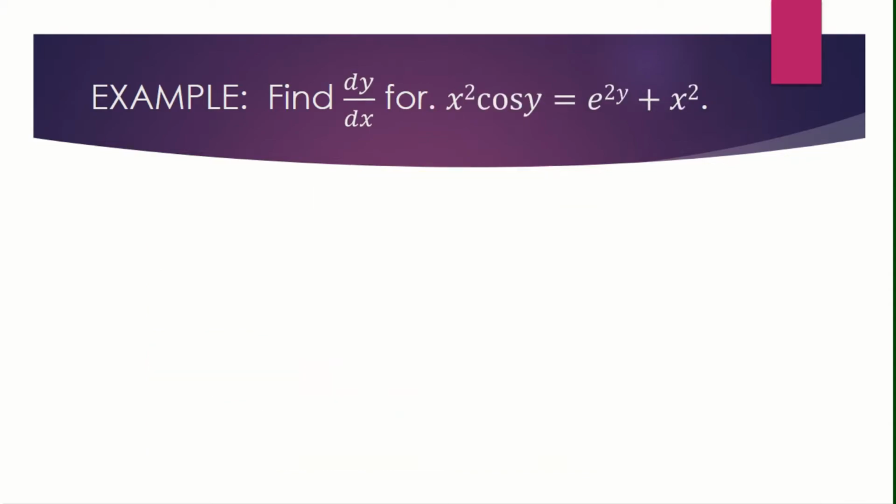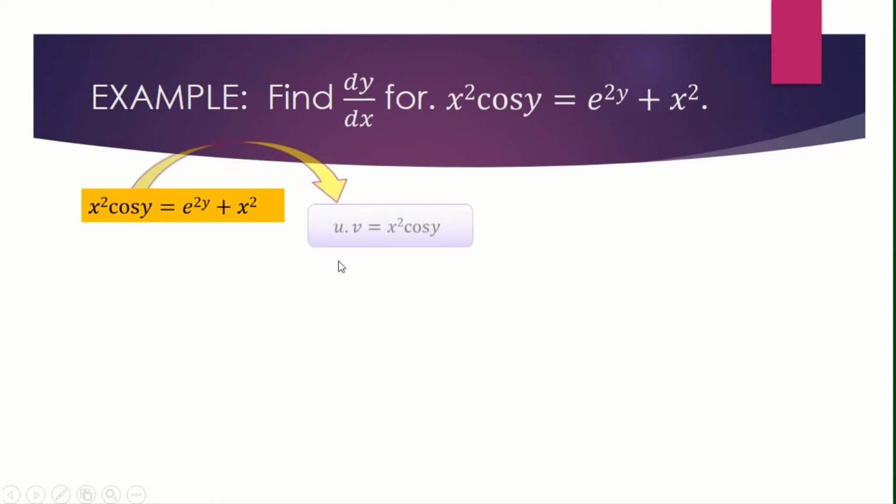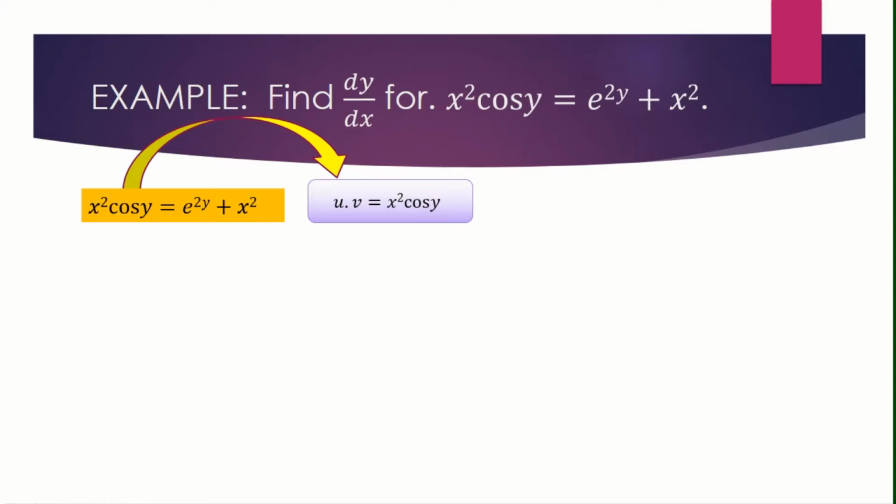In this example, we want to find dy/dx for x squared cos y equals e to the power of 2y plus x squared. If you look here, x squared cos y is in the form of a product between x squared and cos y, or u and v, where u is x squared and v is cos y.